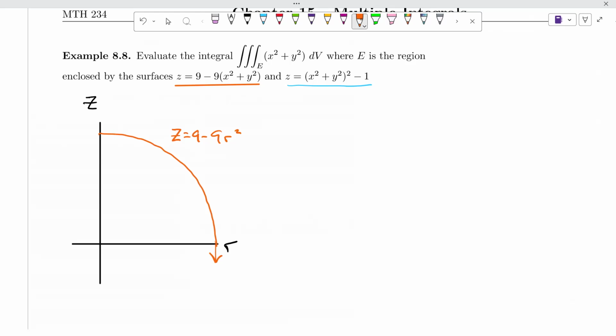And the other bit looks like r squared squared minus 1, so r to the fourth minus 1. It's got to start below the r axis, but then it'll shoot up pretty quickly. Something like that. z equals r to the fourth minus 1.